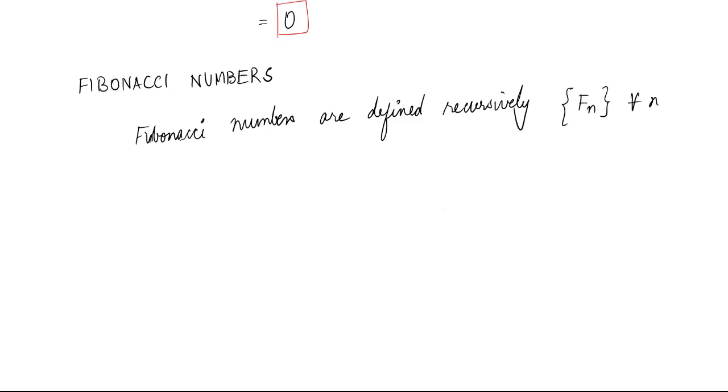Okay. Where f_0 is considered 0, f_1 is 1, and f_n is f_(n-1) plus f_(n-2). Okay.